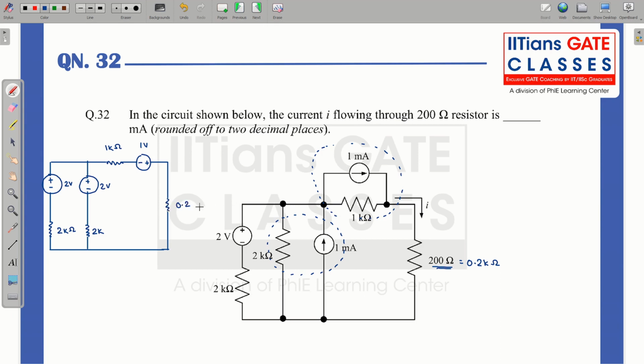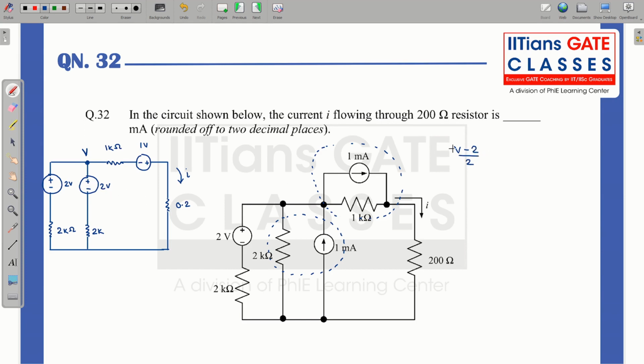Okay. So now simply I have to find this current I. So basically, I am going to apply the nodal equation at this point. Let the nodal voltage be V at this point. If I apply nodal analysis, this will be V minus 2 by 2K.